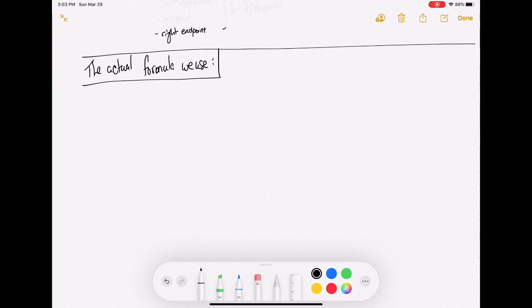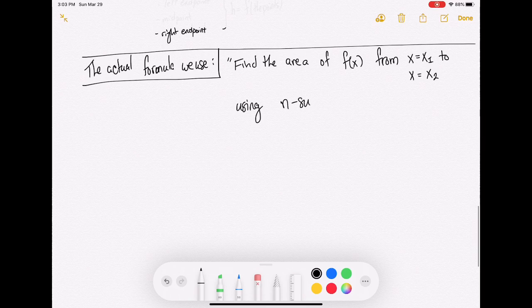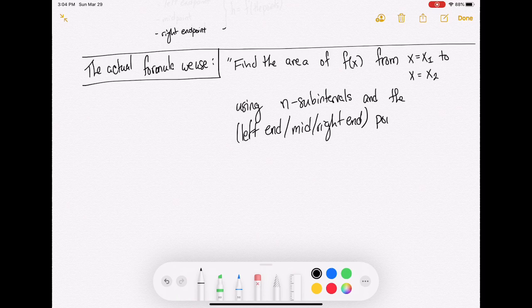So the problem's going to say something like, find the area of f of x from x equals x1 to x equals x2, using n subintervals and the left, mid, or right endpoint.